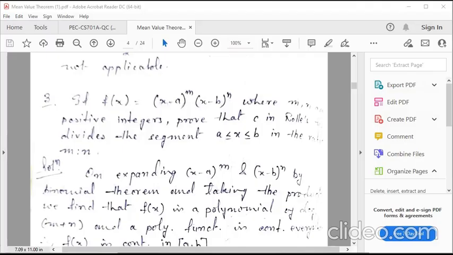There I'll write the problem and then one by one we will check it. f(x) equals (x minus a) whole to the power m and (x minus b) whole to the power n, where m and n are positive integers. Now I need to verify one by one the conditions of Rolle's theorem. If it is verified, then only the point C exists. Otherwise, no point C will be there.